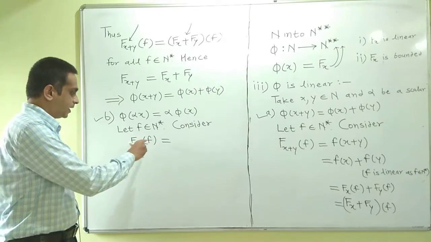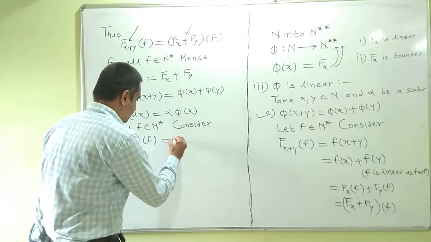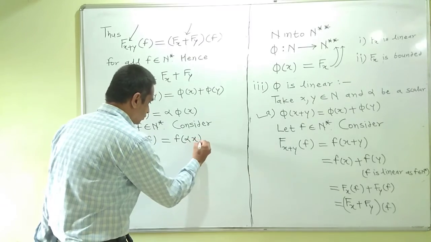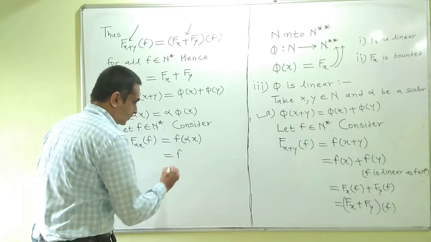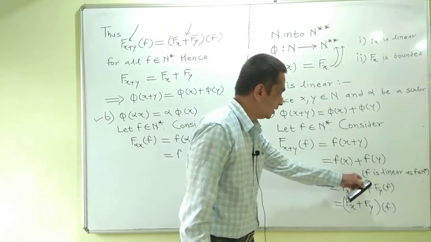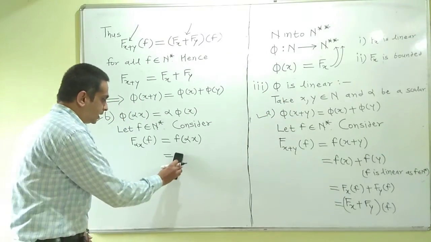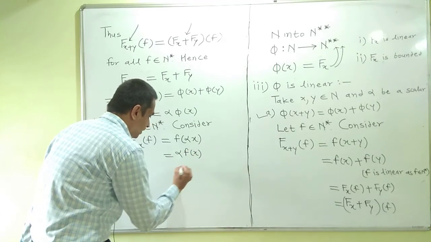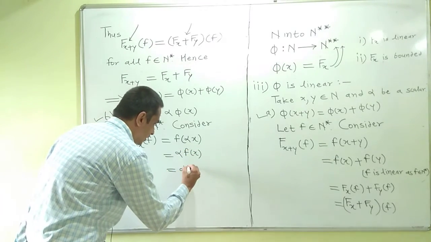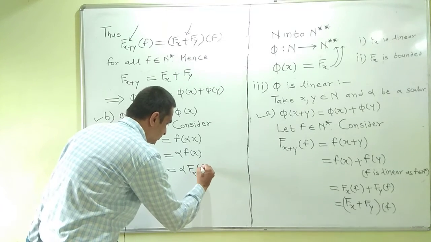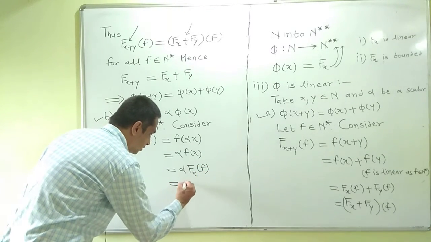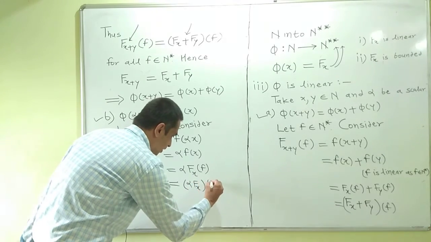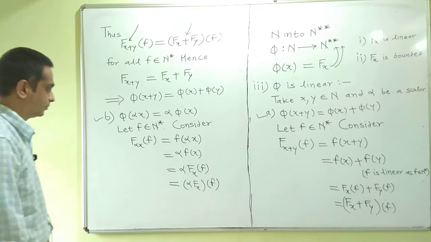So f of alpha x f, this I could write, by definition, f of alpha x, and use linearity of f as we have used earlier. So by using linearity of f, you could write this as alpha of fx f, and by using definition of scalar multiplication to a function, I could write this as alpha fx f.